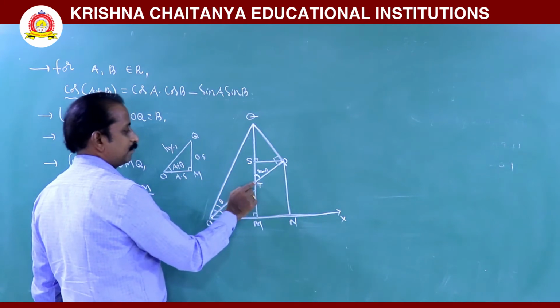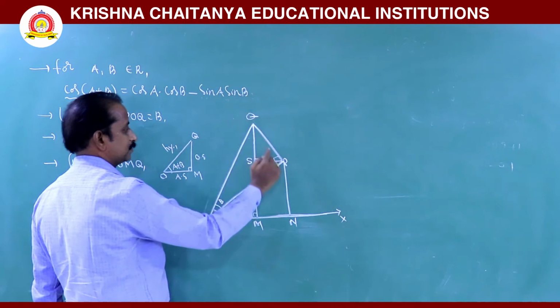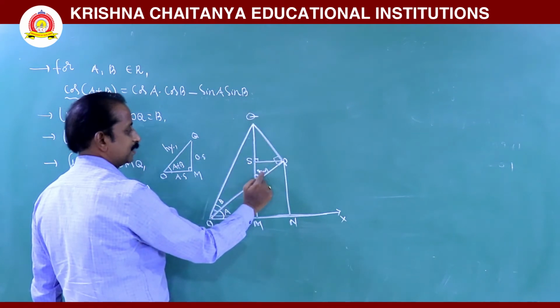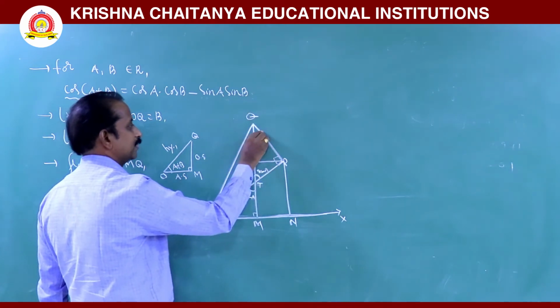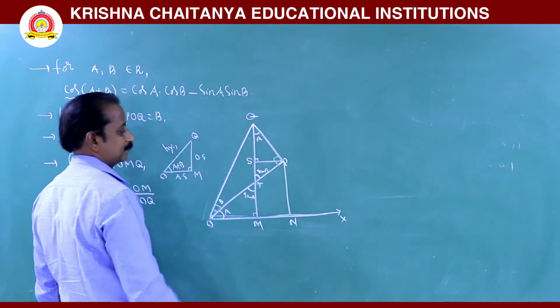And now from triangle TPQ, this is 90, this is 90 minus A, so this angle should be capital A.